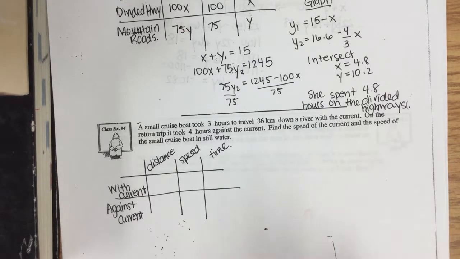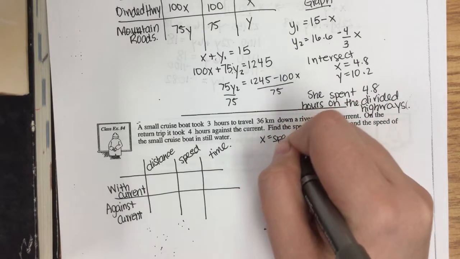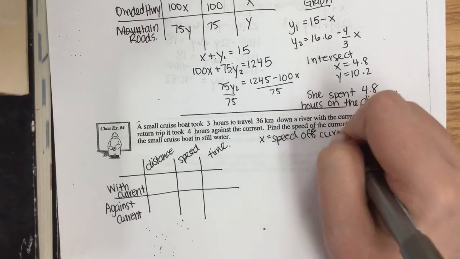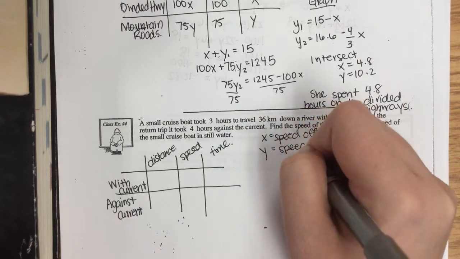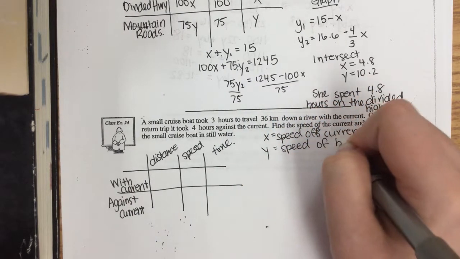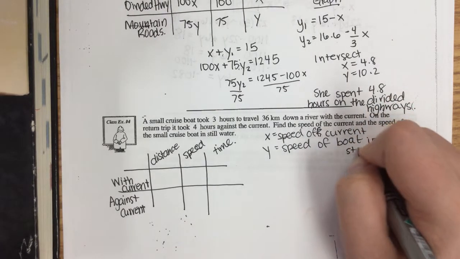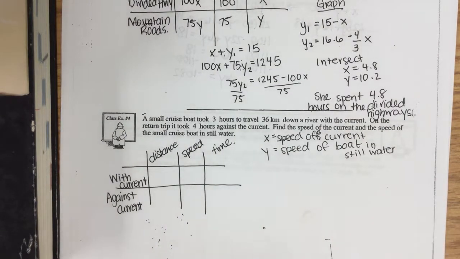The whole point of moving with or against the current is that we say x is the speed of the current, and y is the speed of the boat, and we should maybe add to that in still water. So we're saying just the boat on its own.